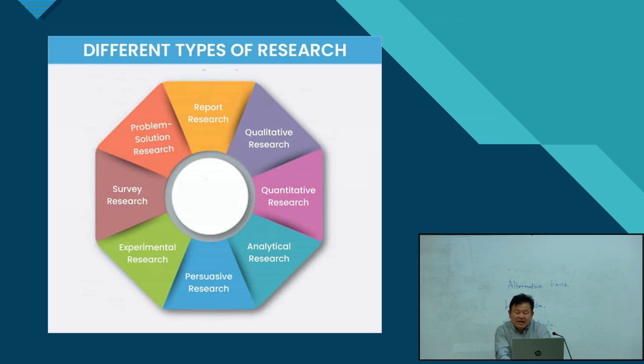Output means an answer. How can you resolve the problems? Then you can make many methods for the questionnaire, and you report for the problem solving research. These are many different types of research.